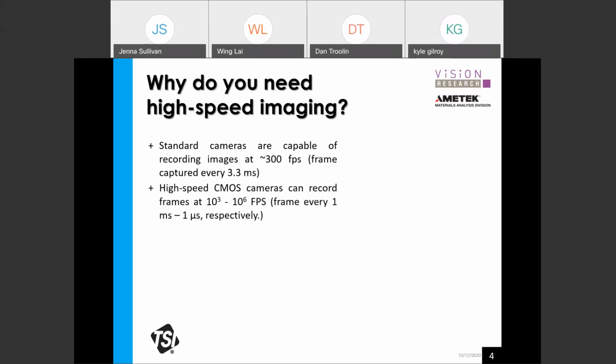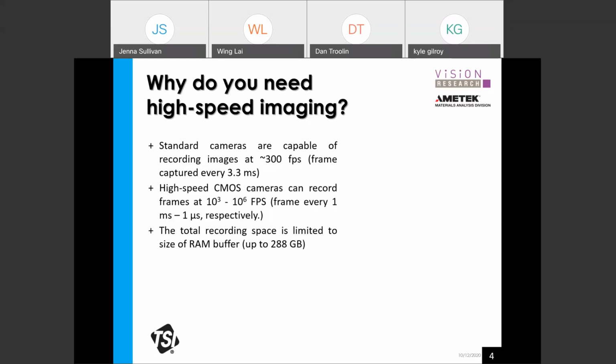And it turns out that the interesting physics that scientists and engineers are going for are events on the time scale of 1 millisecond to 1 microsecond. And this kind of physics demands high-speed cameras that can record anywhere from 1,000 to 1,000,000 frames per second.